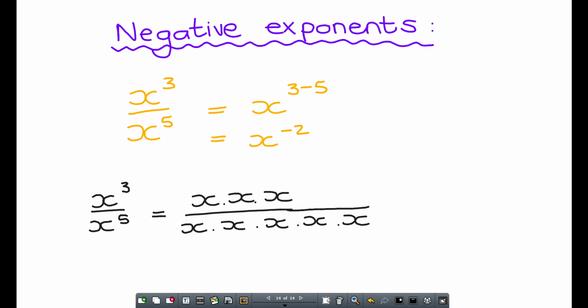Then we knew we could cancel out. So that x with this one, that x with this one, and that x with this one. So what's left at the top? There were no x's left, but I can't just have nothing at the top. We're going to have a 1. And at the bottom, I have x times x, which is actually x to the power of 2.